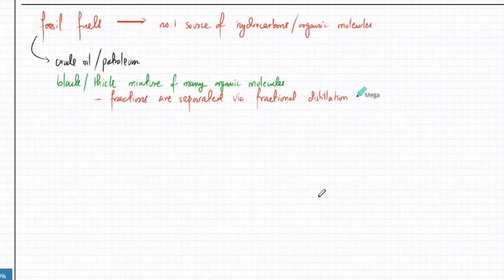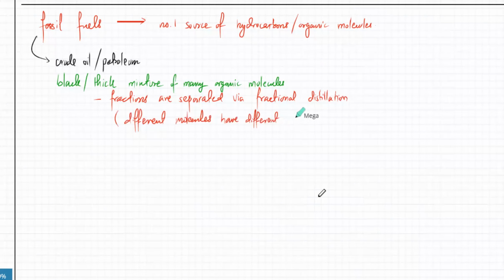And why does fractional distillation work? Because different molecules have different boiling points. Some would evaporate easily, some would not evaporate easily. This was the first chapter. If you remember, how does fractional distillation work? It works because different molecules have different boiling points.